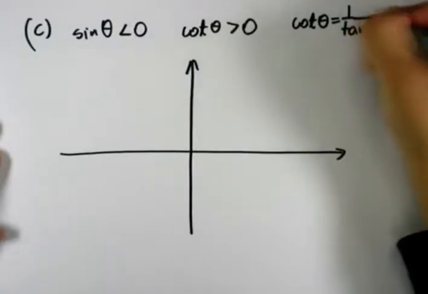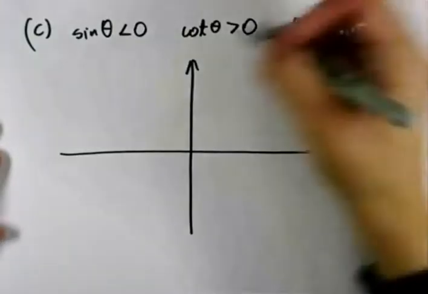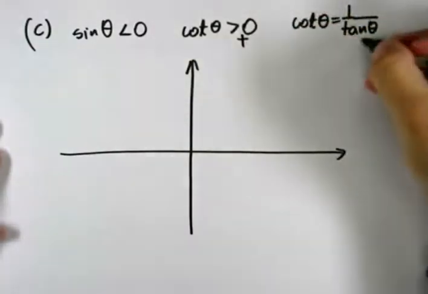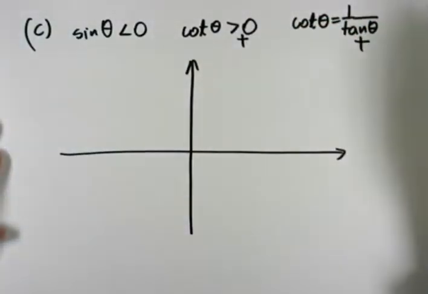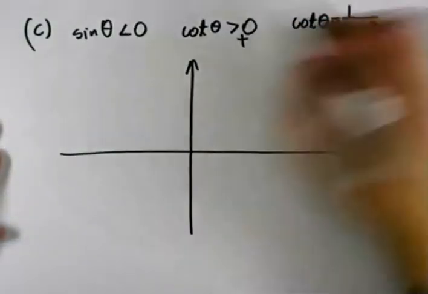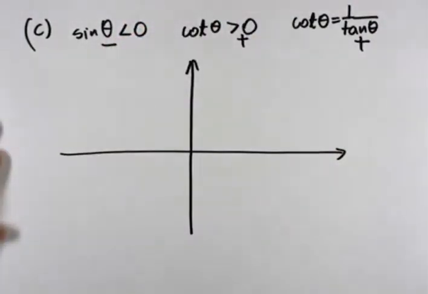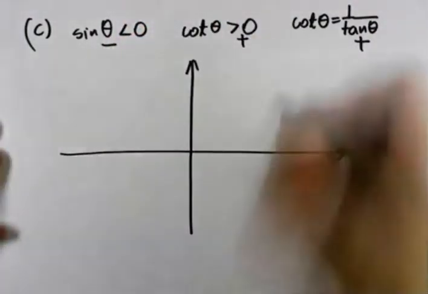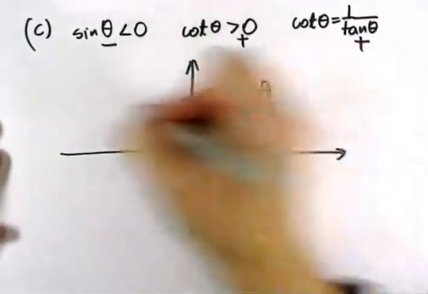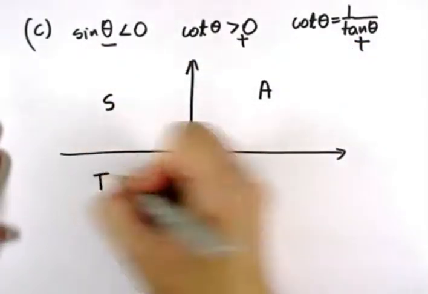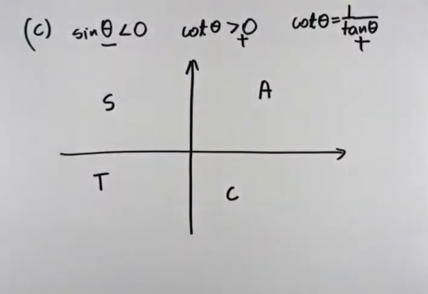So the sign, they will have the same sign. If cotangent is positive, that means tangent must be positive as well. Sine is less than 0, so sine is negative. So we had the story: add sugar to coffee. First identify where the sign is negative.